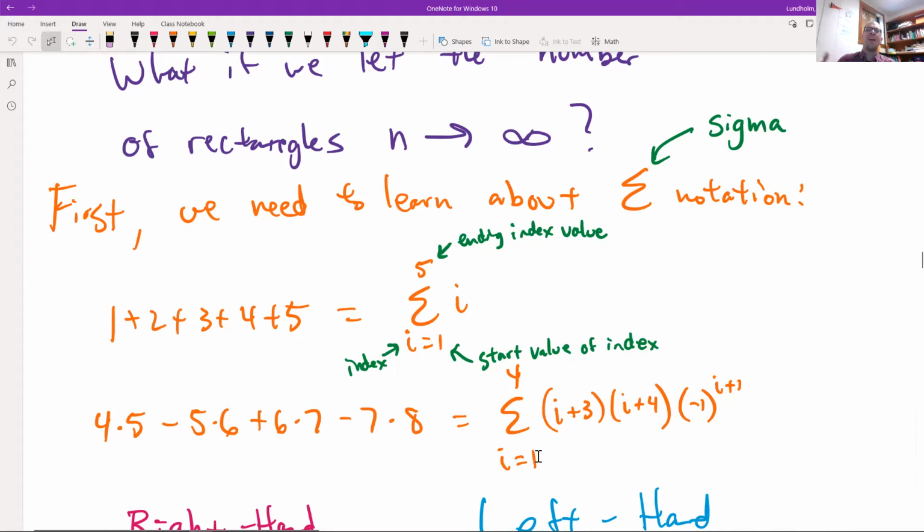If we want to get into the habit of starting our index at 1, then starting at I equals 1 would be fine. And in order to get that first number to be 4, we would need to take I plus 3. And in order to get this second number to be 5, we need to do I plus 4. And in order to get the alternating sign, we can take a power of -1, where this I is still an index.